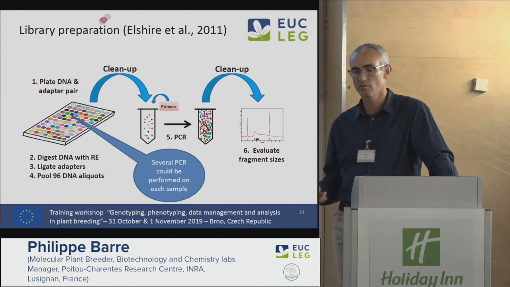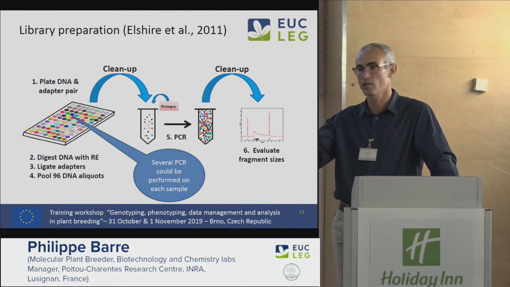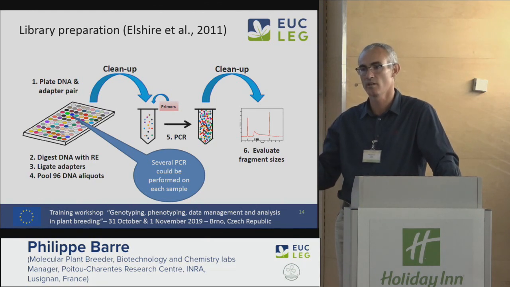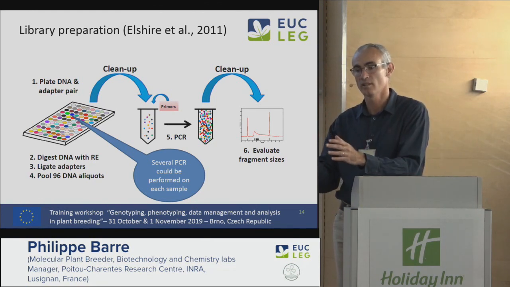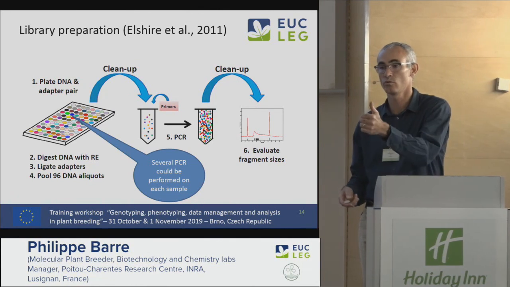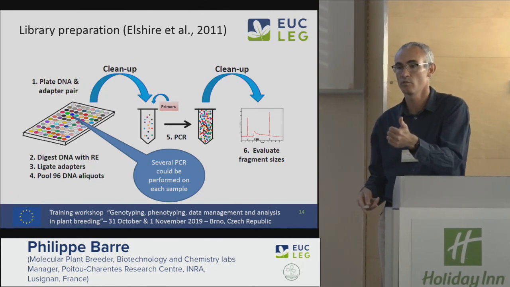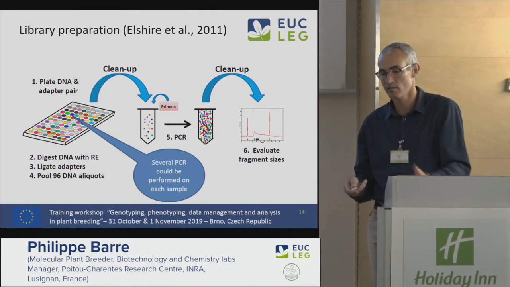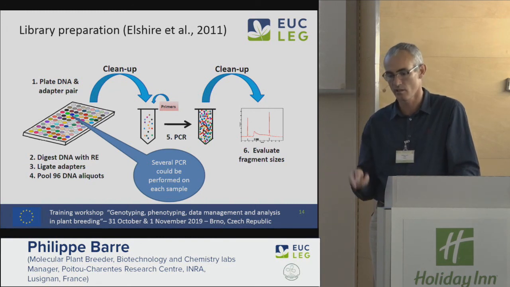In this article, the idea is that you can do the digestion and ligation within each well separately, so this is not too expensive, and then you pool everything. And then you have one step here, which is cleanup, and this is a bit expensive, but you only do one for 96. So that's the thinking.